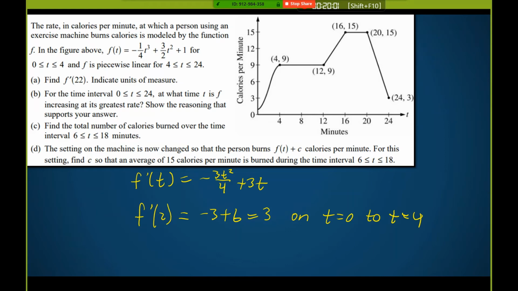So, which time are we increasing at the greatest rate? I'm not sure.